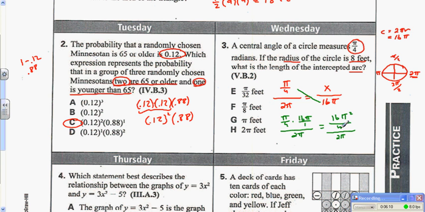But again, 16 can be simplified with 4, which gives you 4 pi squared over 2 pi. We have 2 pi's above, 1 below, so they cancel and simplify. 4 and 2 simplify, which gives you 2 pi. A complicated way of looking at it, radian measure is a better unit for arc length, but something we're not very familiar with, but we'll go with this method at this time.